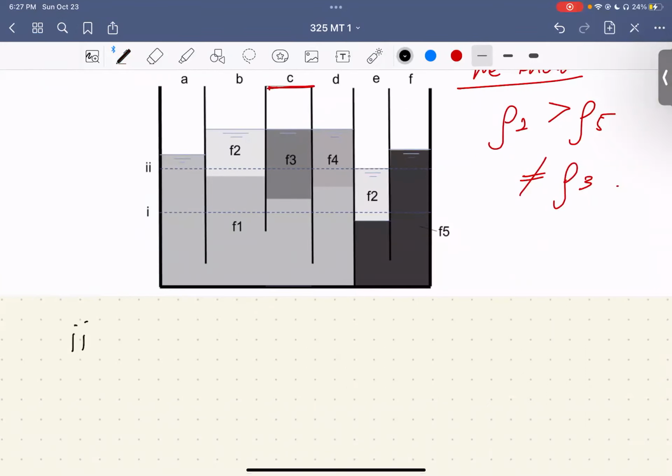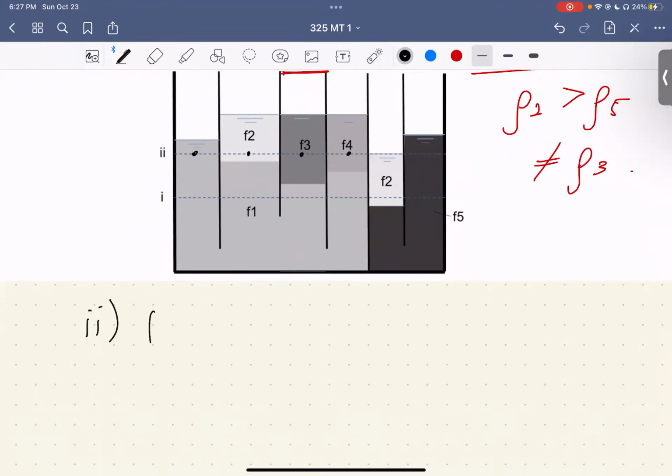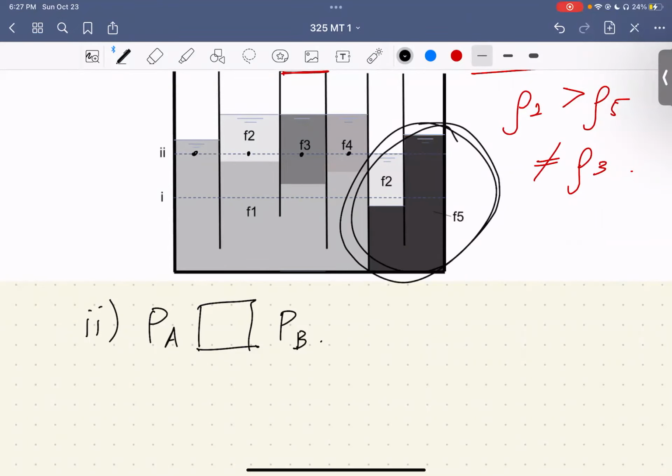On height 2, we have all different fluids, right? So let's start with one at a time. Let's look at A, and then see how we can relate it to B. It looks really similar to this right over here, so let's use that same logic.